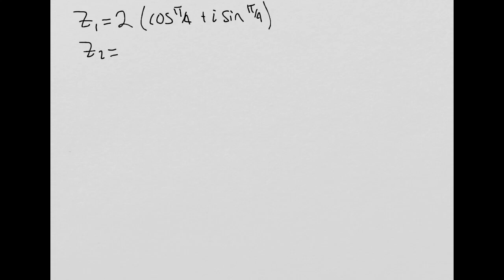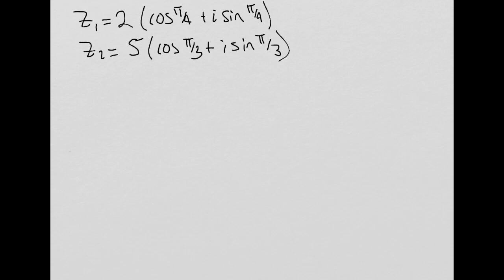Let's suppose that Z1 equals 2 times cosine of pi over 4 plus i times sine of pi over 4, and Z2 equals 5 cosine pi over 3 plus i sine pi over 3.